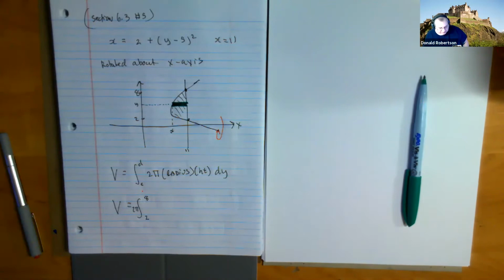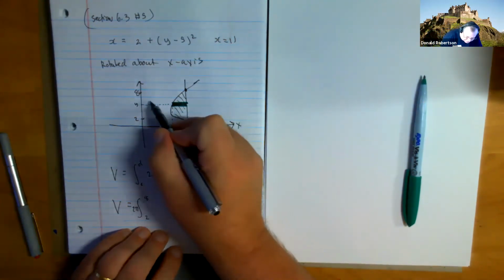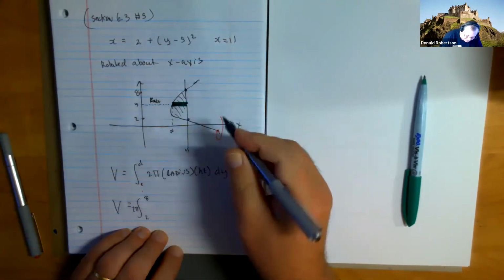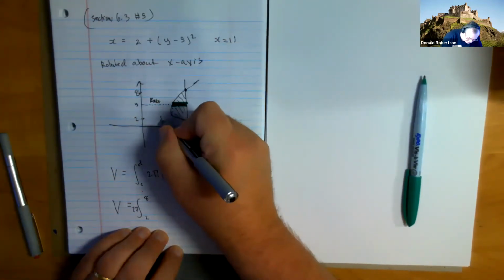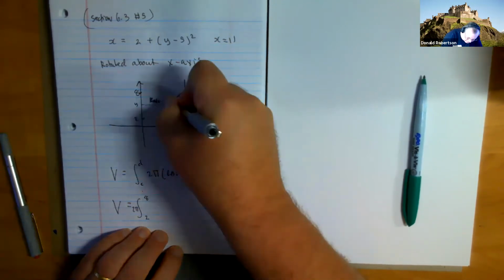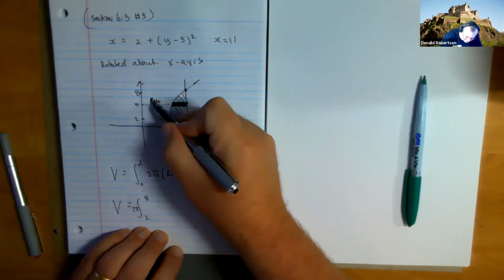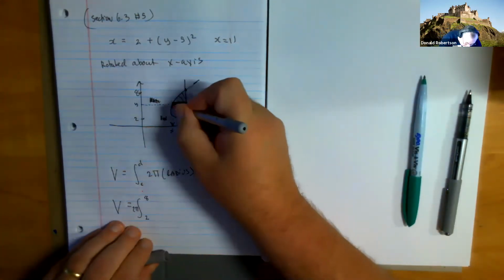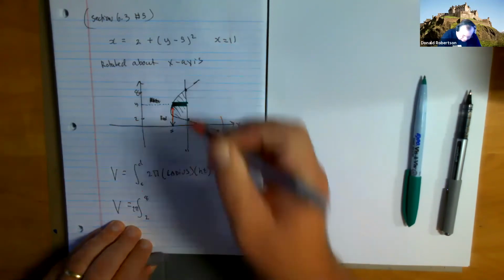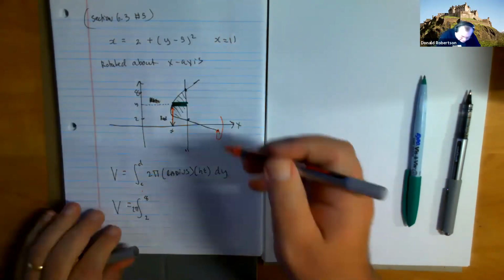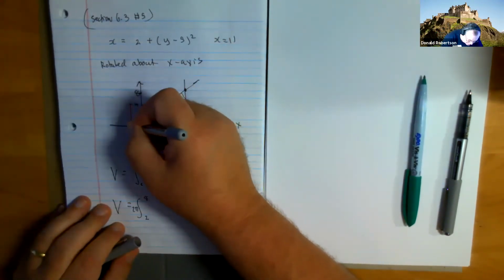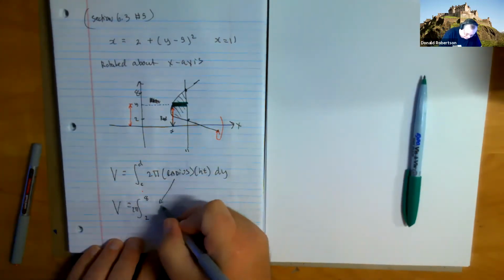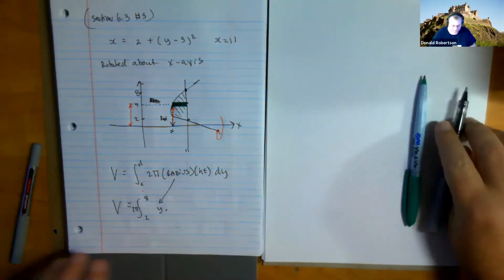So the thing we call the radius is the distance from the rectangle to the axis of rotation. That distance here to here, I'll do it in red, is my radius. Isn't the radius just y? So the radius is y.